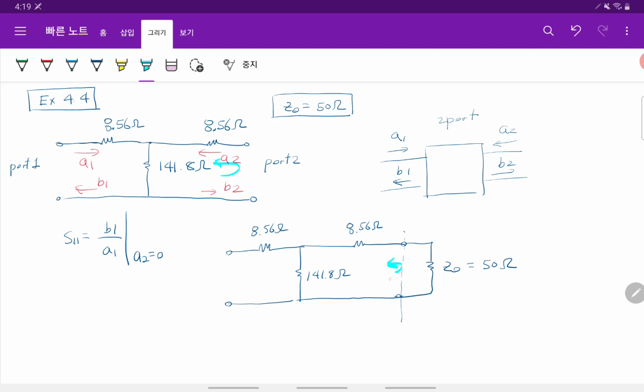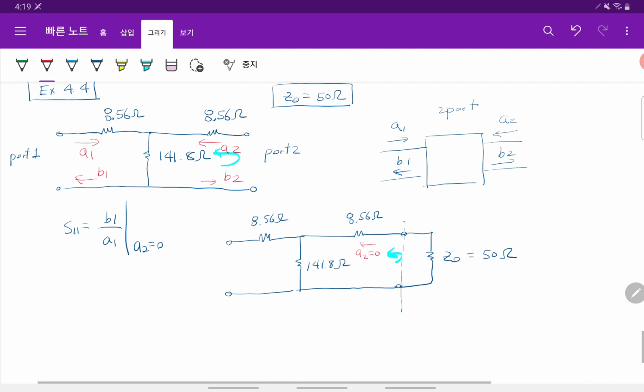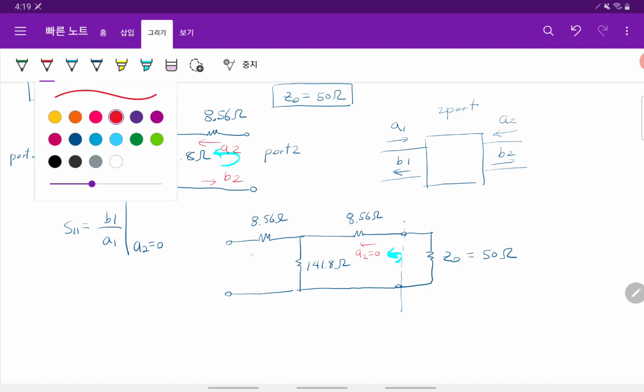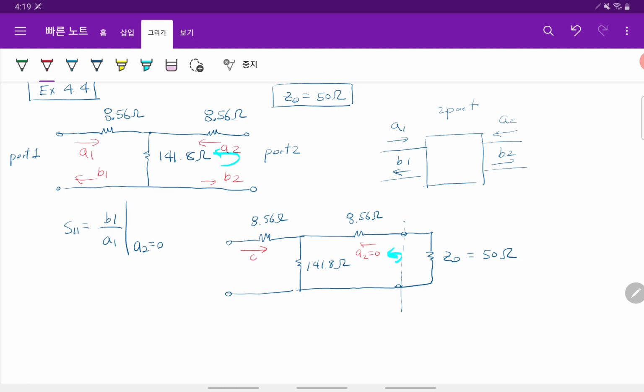This reflection will be 0, right? So A2 is 0. And then for this case, we take the ratio between A1 and B1, right?